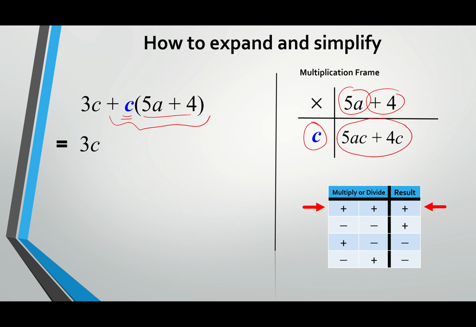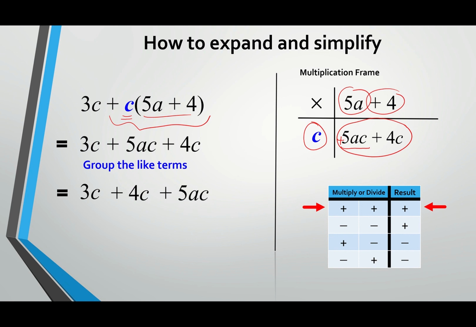Don't forget the sign in front of the 5ac. Since it's positive, it will be a plus. So we'll put plus 5ac plus 4c. Now look, do you notice any terms that are like? You would see that the 3c and the 4c are like terms. So we group them together. The 5ac, we'll put at the back.